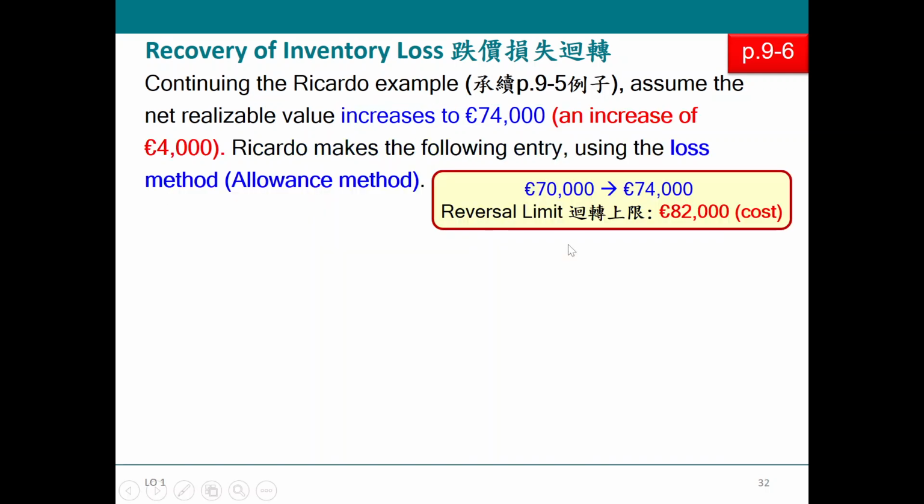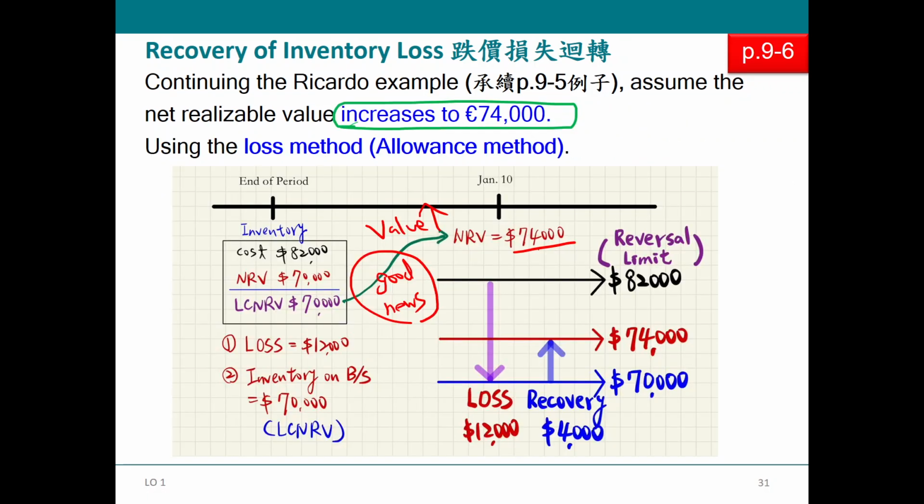Okay? So before we recognized a loss of $12,000. From where? Our cost, $82,000, to my NRV, $70,000.